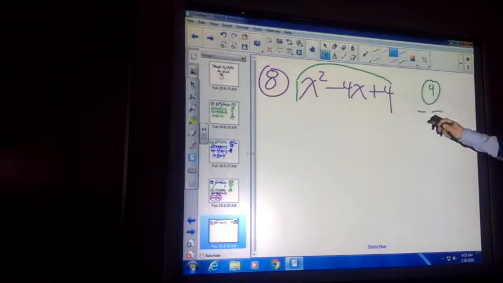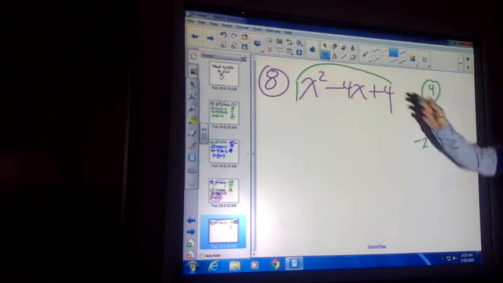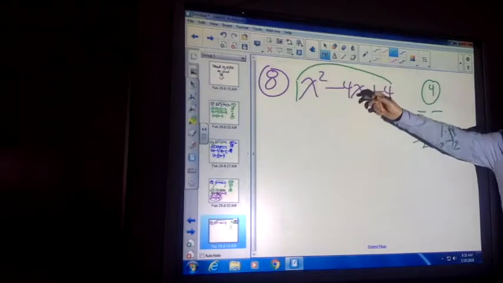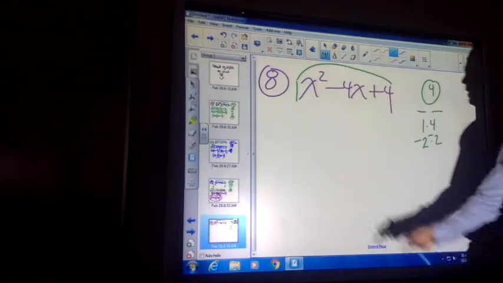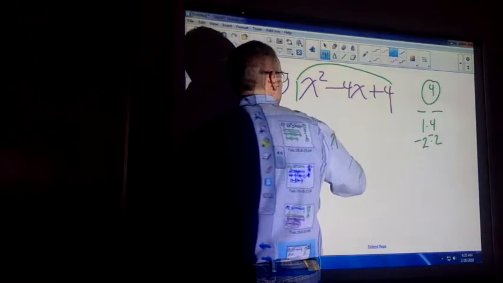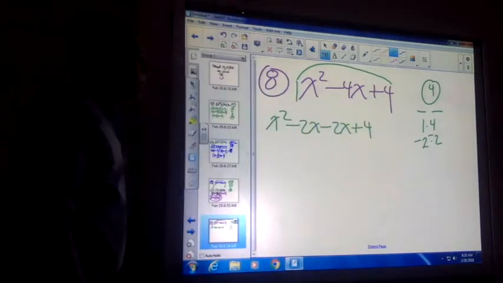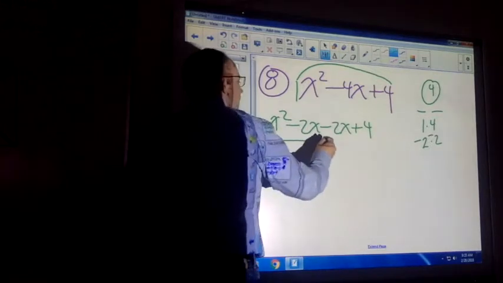So I have 1 times 4, and I also have 2 times 2. Which of those two, when both negative, would add to negative 4, the middle term? 2 times 2. So negative 2 times negative 2 is positive 4, and negative 2 added to negative 2 is negative 4. All right, let's put those in. What do I have in common here?